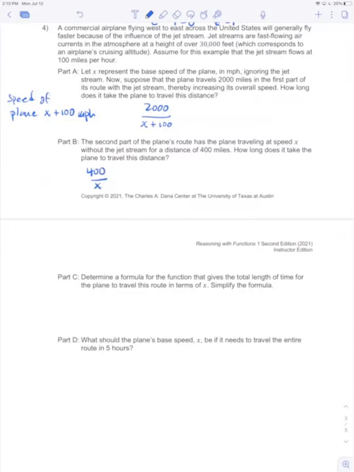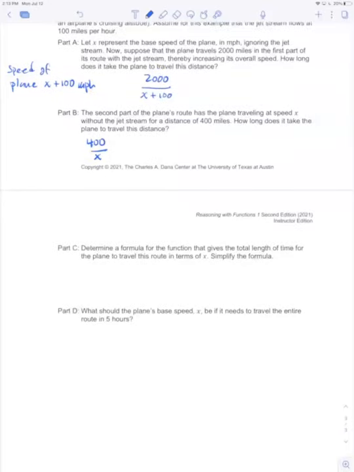So part C, it says determine a formula for the function that gives the total length of time for the plane to travel this route in terms of x. Okay, so why don't we call this t of x, and that's going to be the first expression that we wrote, 2,000 over x plus 100, plus the second expression that we wrote, 400 over x.